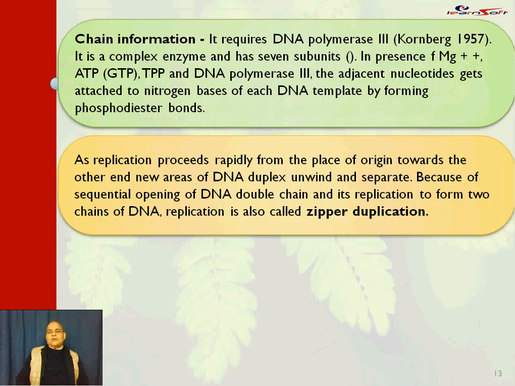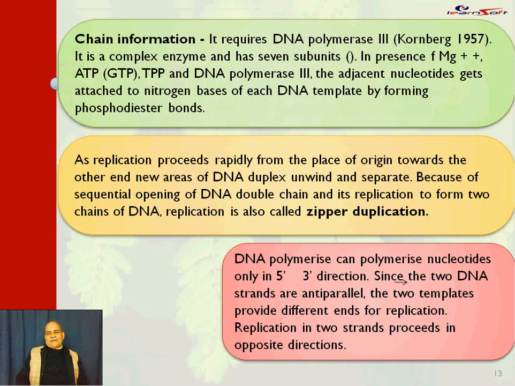As replication proceeds rapidly from the place of origin towards the other end, new areas of the DNA duplex unwind and separate because of the sequential opening of the DNA double chain, and as replication forms two chains of DNA, replication is also called zipper duplication.